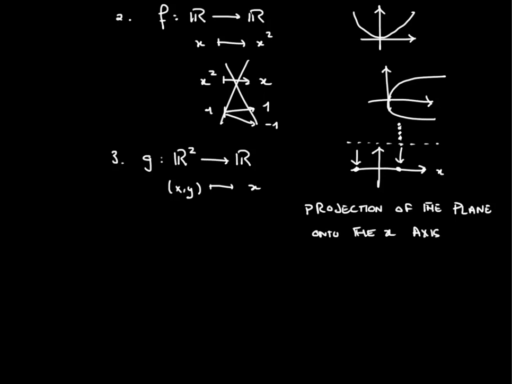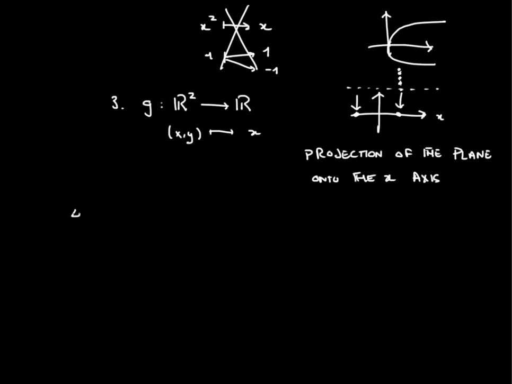Then we could talk about the canonical injection, okay, which is defined, for instance, by the function I, with two sets, so E to F, for instance, and we're going to say that E is included in F, and we're simply going to send x to itself.